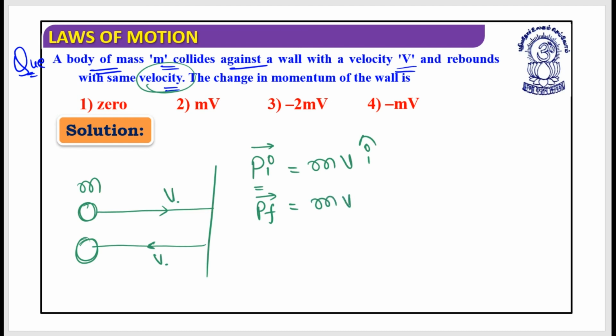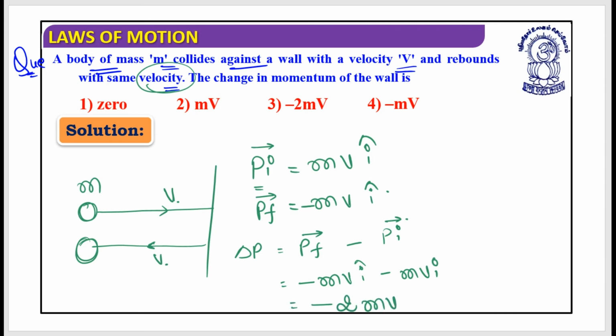So I should write it as m into v into i cap, but this is in minus because this is minus i cap. So delta p, or change in momentum, is final momentum minus initial momentum, that should be minus of mv i cap minus of mv i cap, that is equal to minus of 2 mv i cap. If I want the magnitude only, that is delta p, that should be equal to 2 mv in negative.